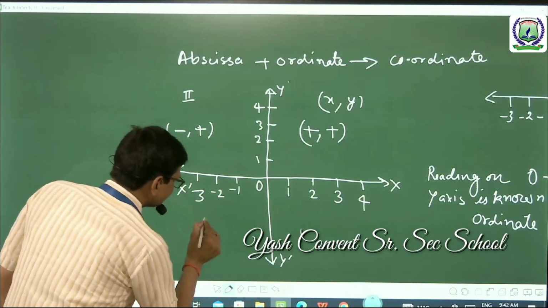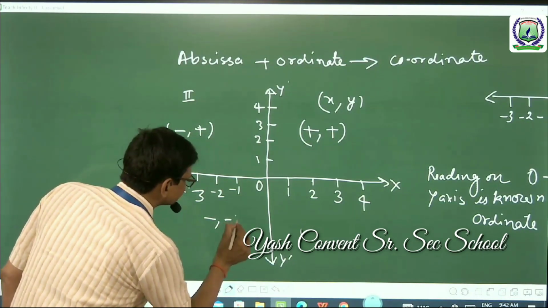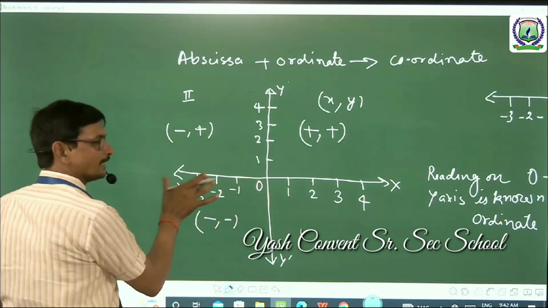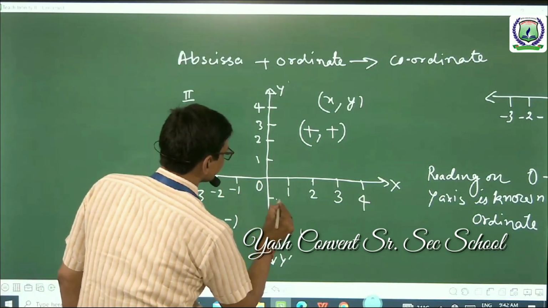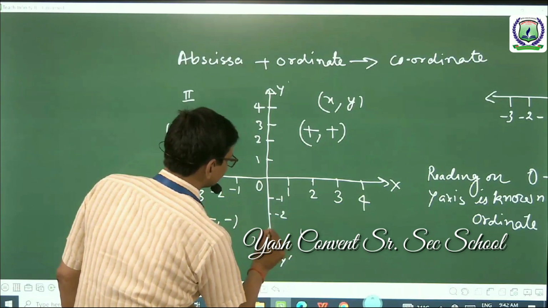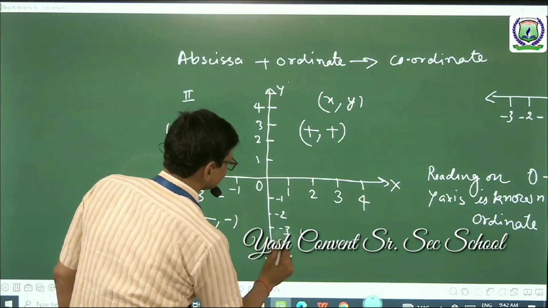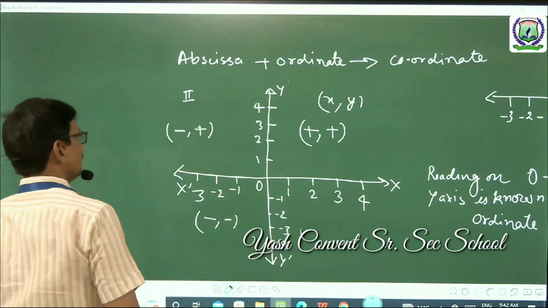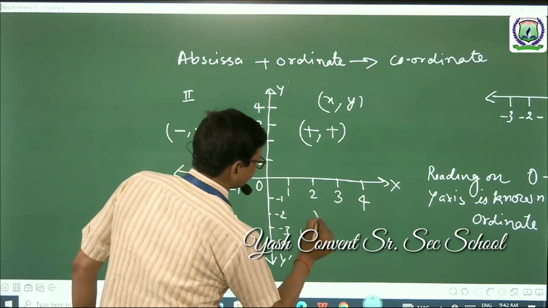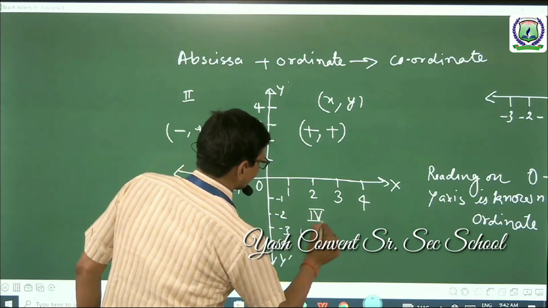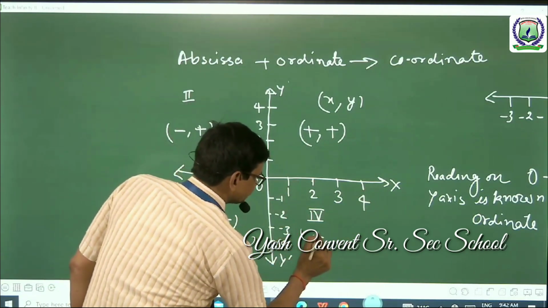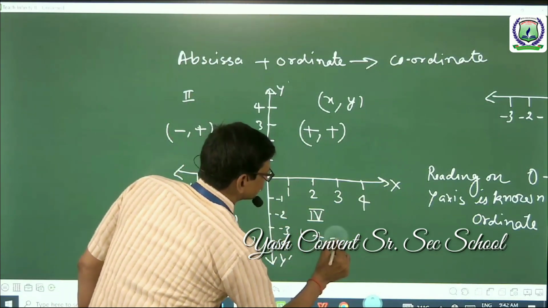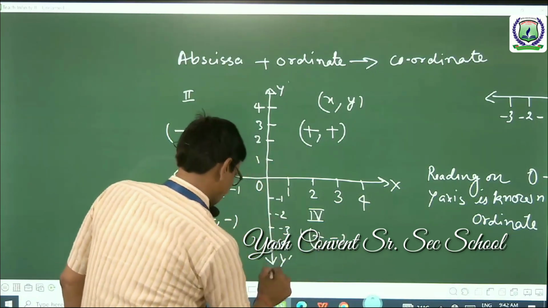In the third quadrant it is minus minus, with readings -1, -2, -3, -4. In the fourth quadrant the x-axis is positive and y is negative.